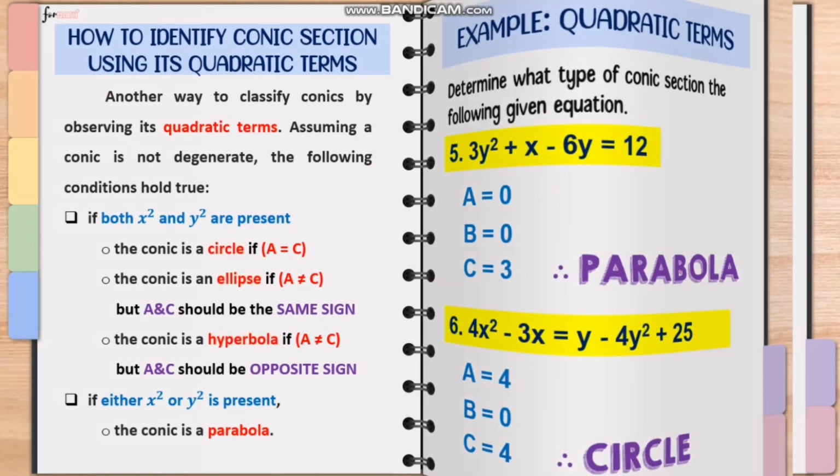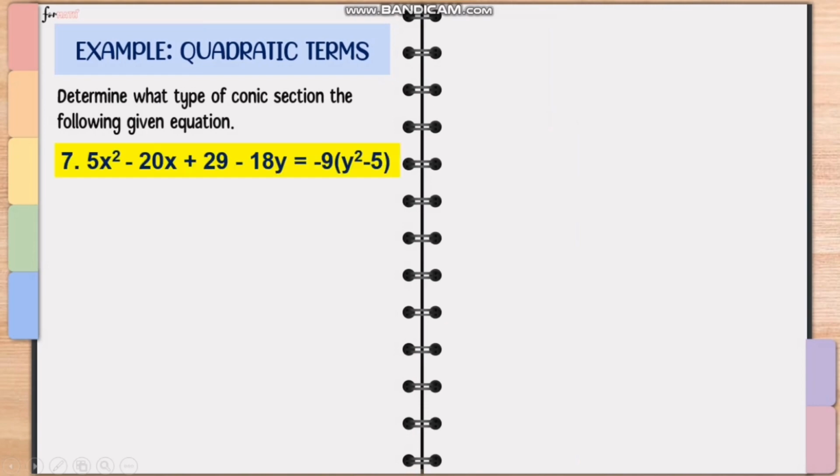Next example. Okay, number 5. So we have 5x squared minus 20x plus 29 minus 18y is equals to negative 9 times y squared minus 5. So, tingnan po muna natin kung yung equation natin ay nasa left. Yung mga terms na kailangan natin ay nasa left.